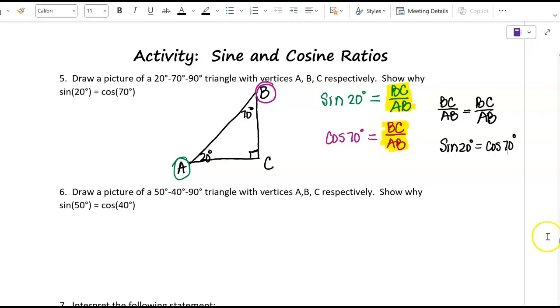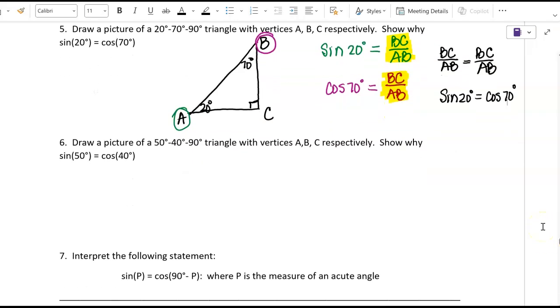Six says, draw a picture of a 50, 40, 90 triangle with vertices A, B, and C respectively, and show why the sine of 50 equals the cosine of 40.